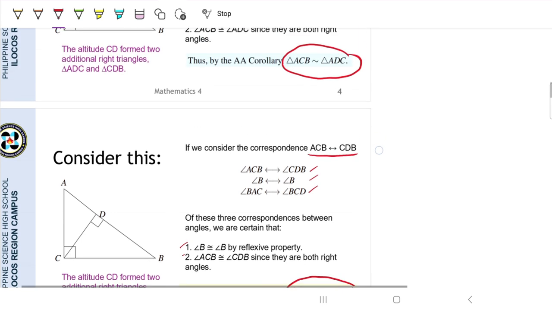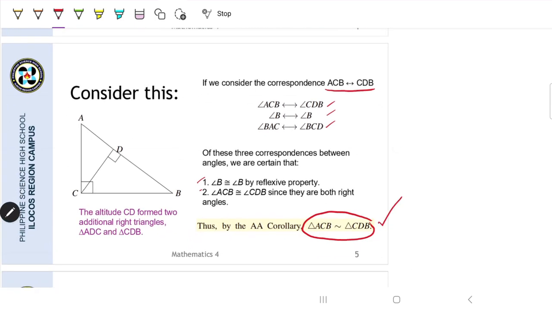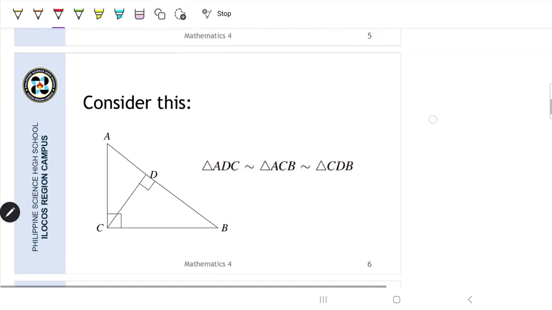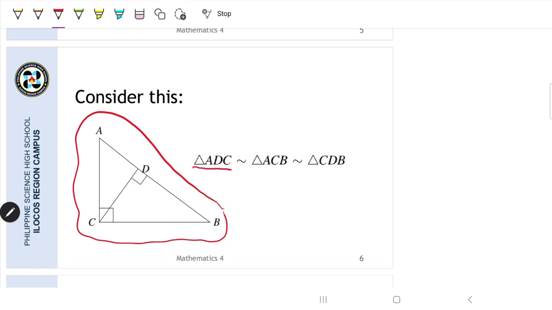Thus, if we consider these two similarities, we can conclude that the three triangles which can be deduced from this figure, triangle ADC, triangle ACB, and triangle CDB, are similar.